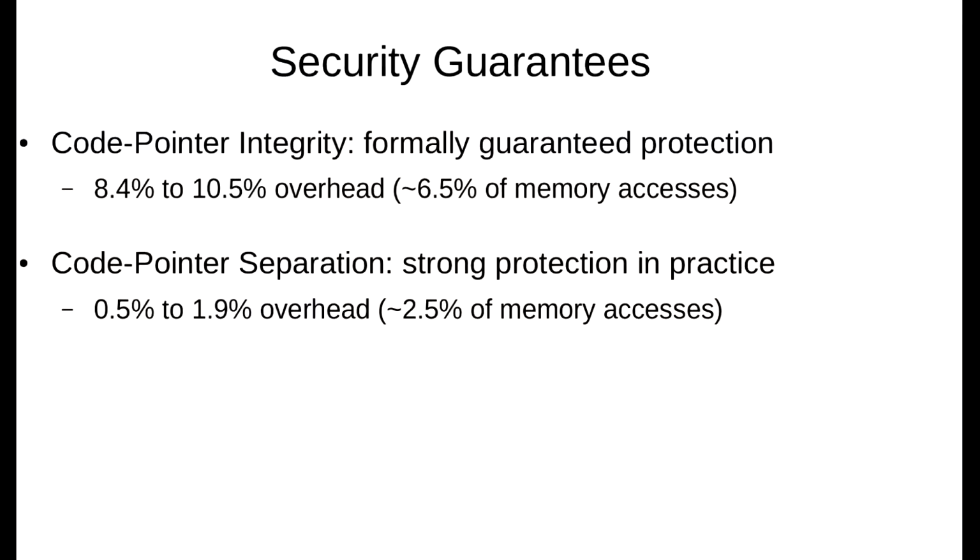For code pointer separation, we offer strong protection in practice. So it will be very hard for an attacker to find an exploitable condition. We don't say it's impossible, but it will be very hard. It's definitely much stronger than any of the defense mechanisms that exist currently.